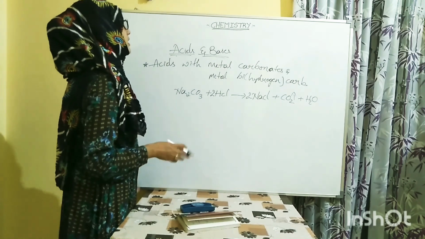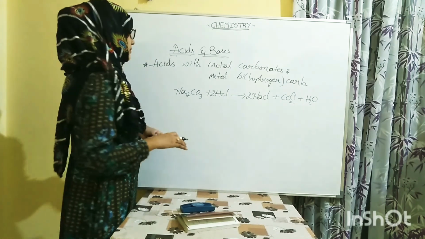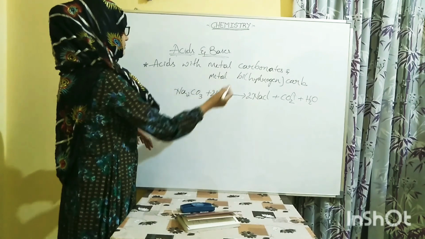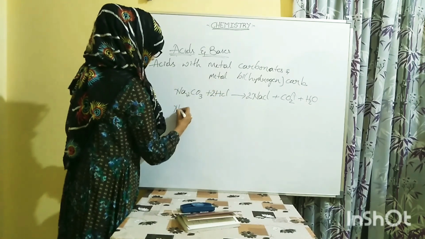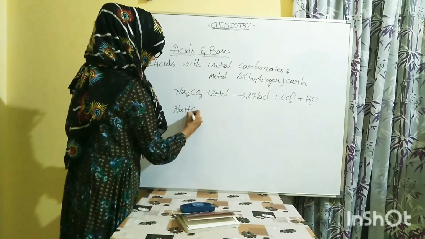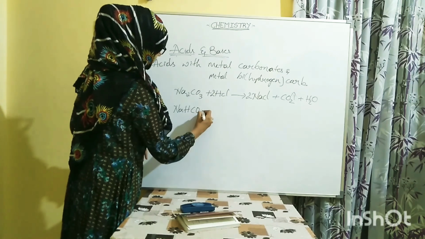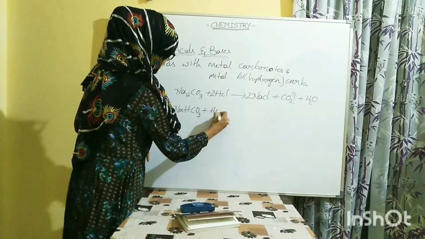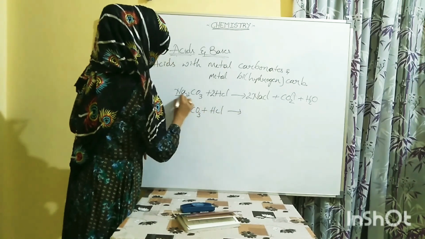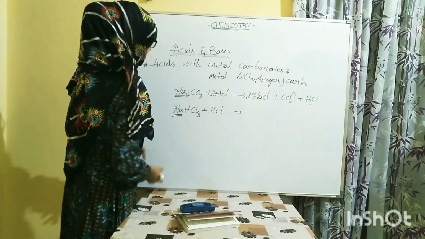In the same way, as we have seen in the experimental diagram, the metal bicarbonate, that is NaHCO3, when it reacts with acid, this is our metal, sodium, we have taken.